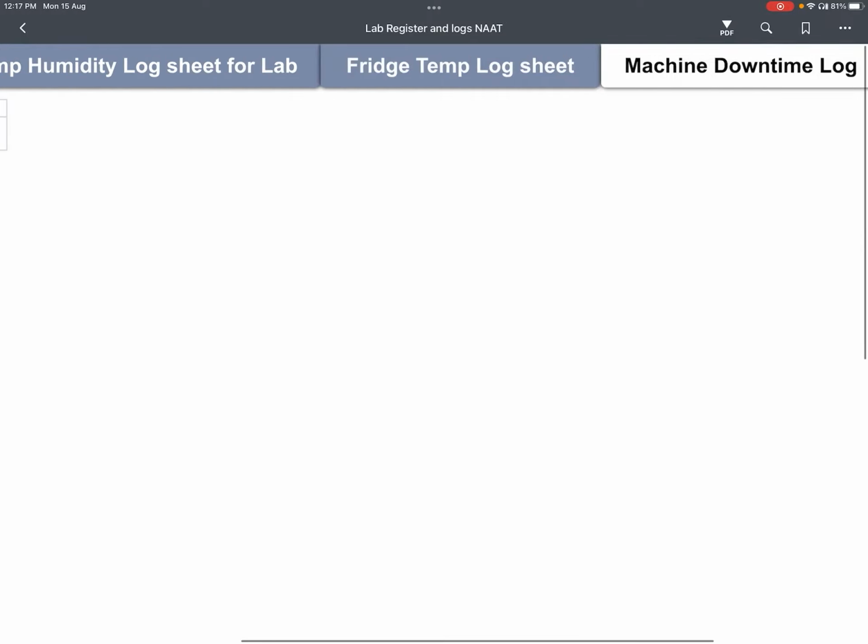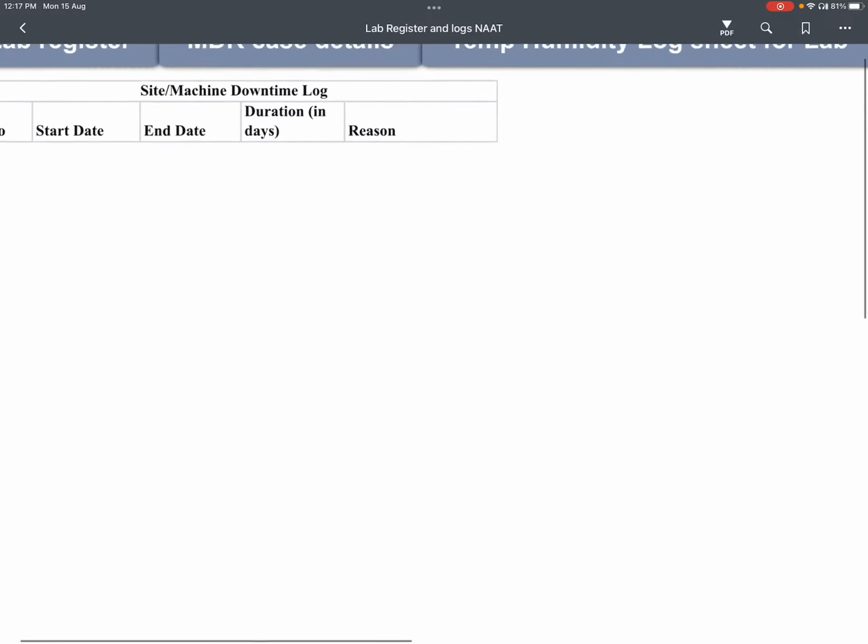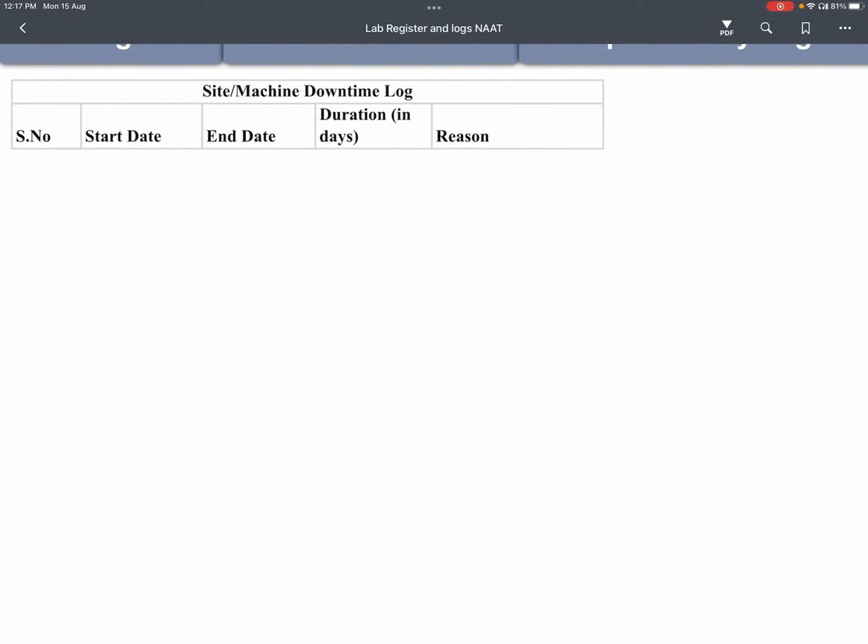Okay. Then machine downtime log. So this we were discussing. If the machine is not working, what is the reason? Say for example, in the machine downtime log, event one in January started from January 10 till January 20, so duration 5 days. Reason: LT was not there, LT was absent, LT was on leave.